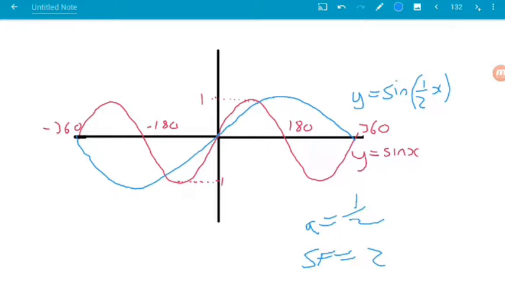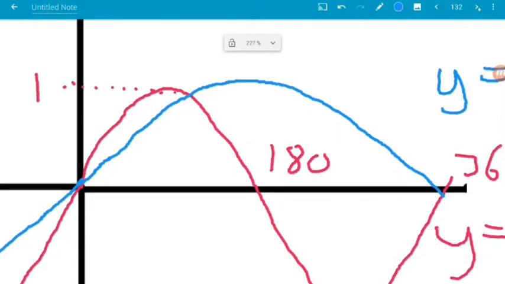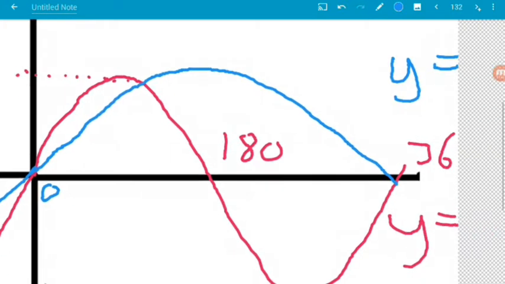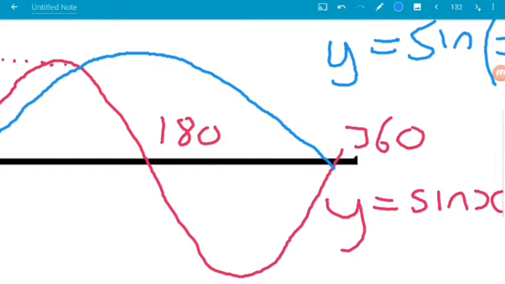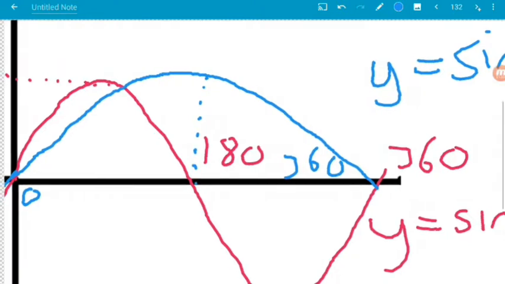So our number of peaks and troughs has been halved. Well, we've still got the intercept over here at 0. Now the next x-intercept is over here again at 360.